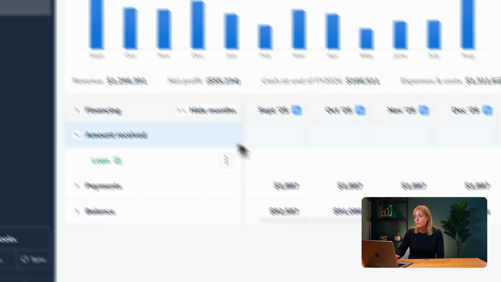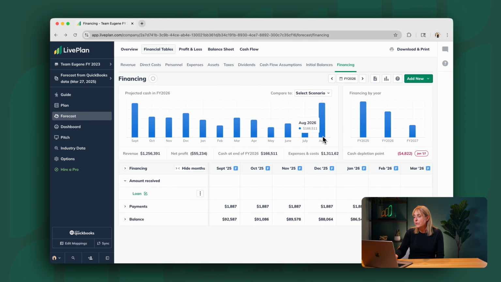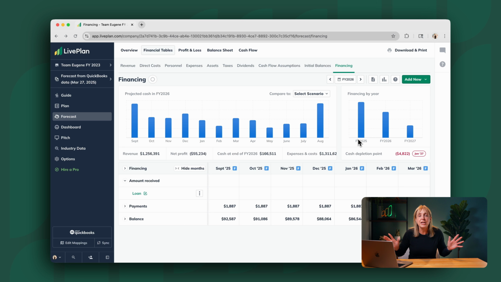But you can't do that if you don't have the information. So now we've changed that loan. I have a $100,000 loan and I'm totally fine. I don't need more. In fact, in this scenario, it is possible that I could even potentially go back in here and model $75,000. So I have saved myself so much money on that interest that I won't have to pay. And that's smart management for sustainable growth.